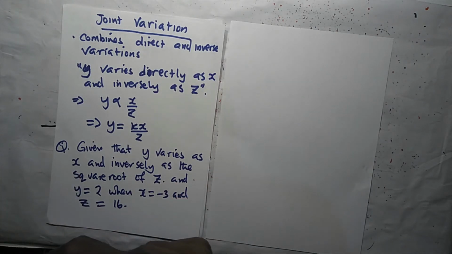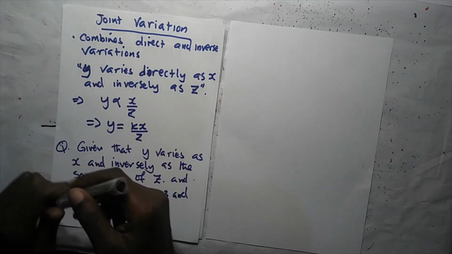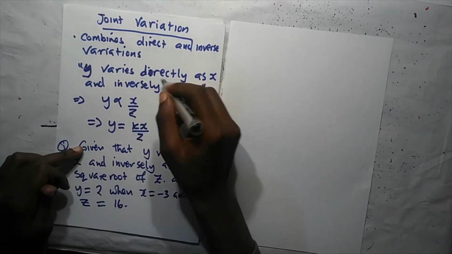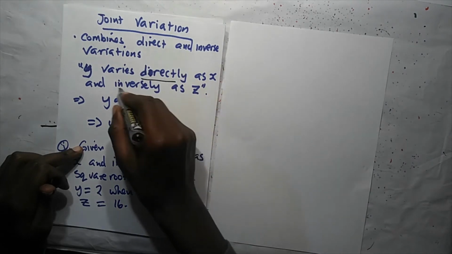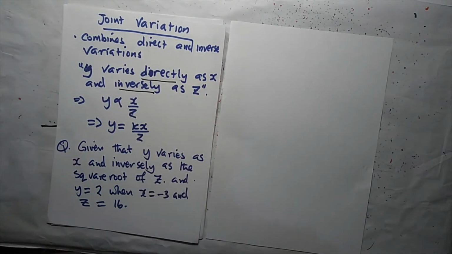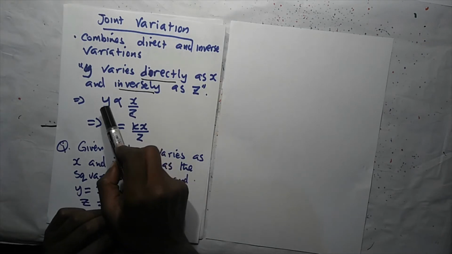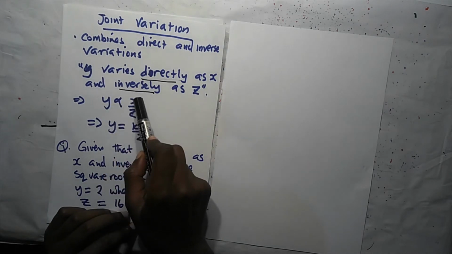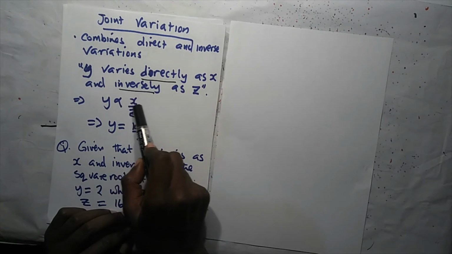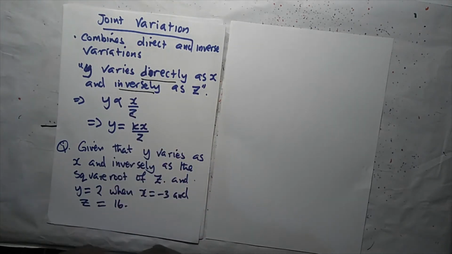That's why it's known as joint variation. There are two variations in one statement. This is how we write it: y varies directly as x, and inversely means you put over z, and then you introduce the constant k.